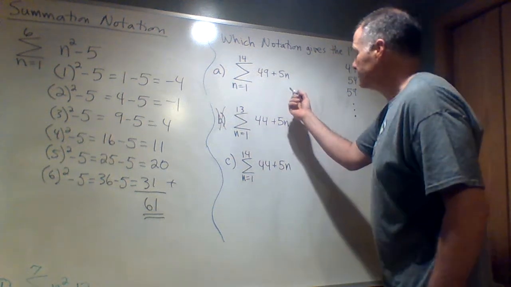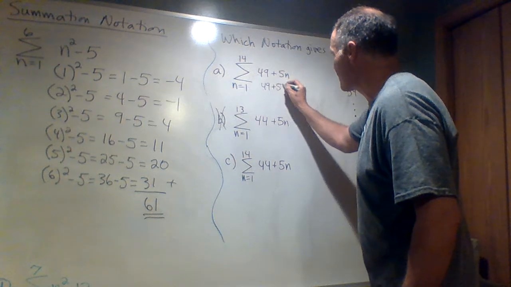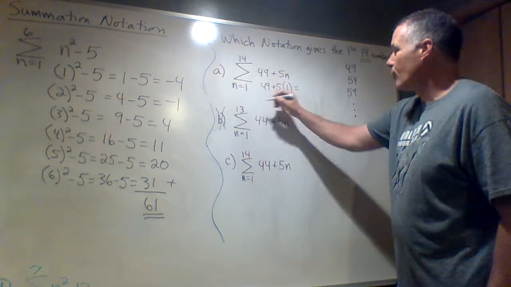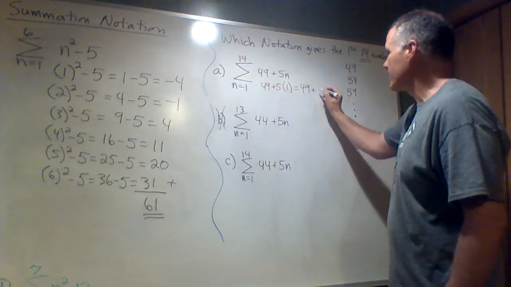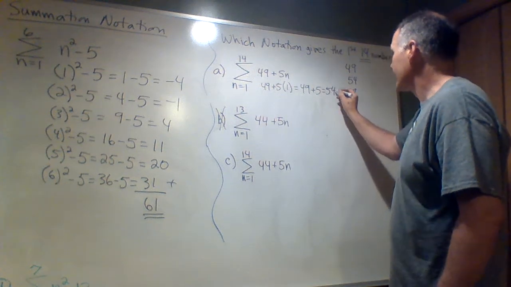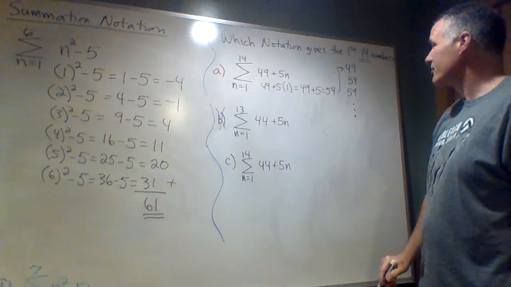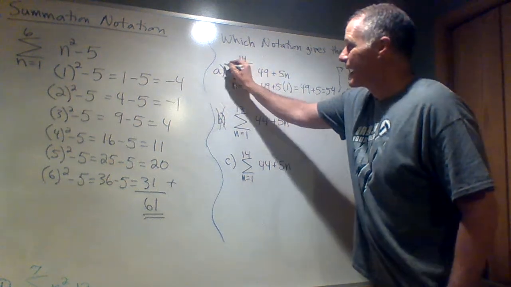Let's see what happens when we plug a 1 into 49 plus 5n. 49 plus 5 times 1 is 5. Uh-oh. Number 1 gives us 54, not 49, so that one isn't true.